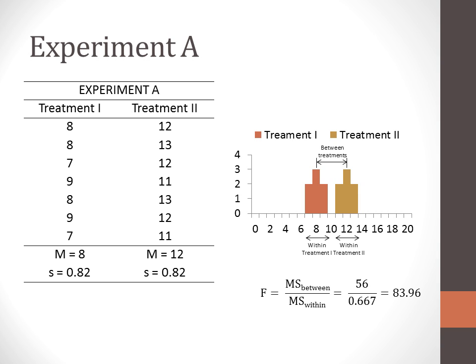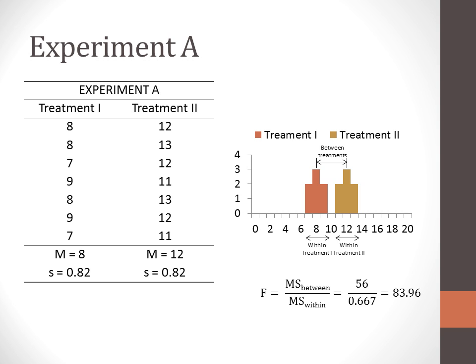And we would get a final F value of 83.96, which is sufficient to reject the null hypothesis with an alpha level of 0.05. So we can conclude that there is a significant difference between the two treatments.